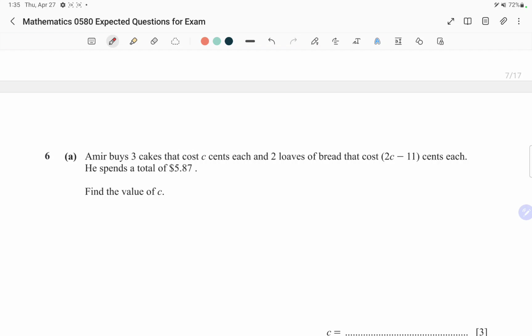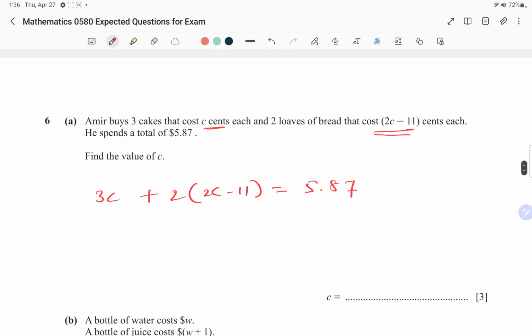So here we can see that one cake costs C cents. So 3 cakes will be 3C cents, plus 1 loaf costs 2C minus 11. So 2 loaves will be twice 2C minus 11. That's the total cost, and that's given as 5.87.